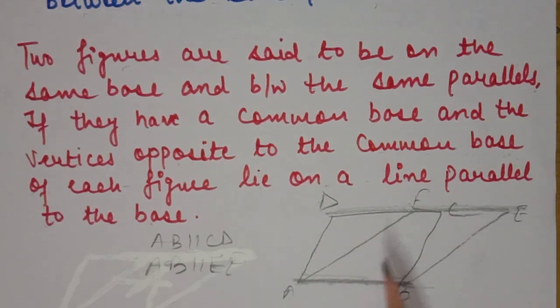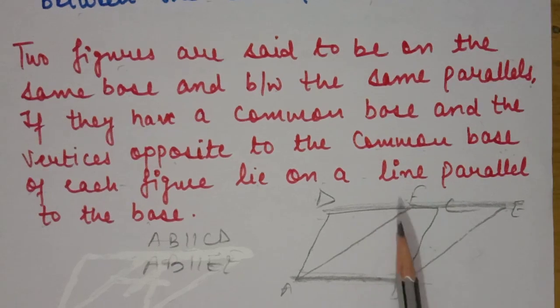So these two geometrical figures having a common base AB lie between two parallel lines, AB parallel to DE. The most important condition in this concept is that out of these two parallel lines, one must be the line containing the common base. One parallel line must be the same as the common base.